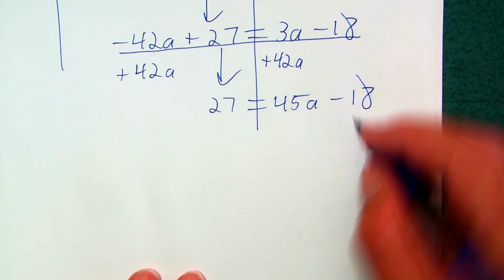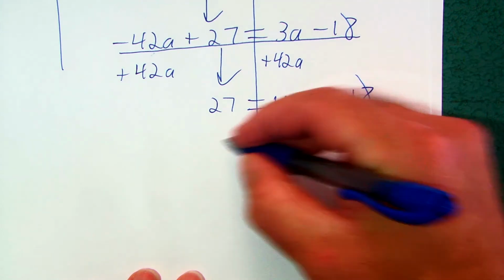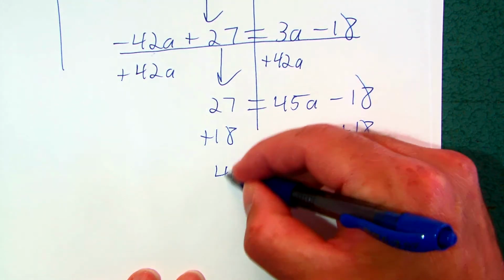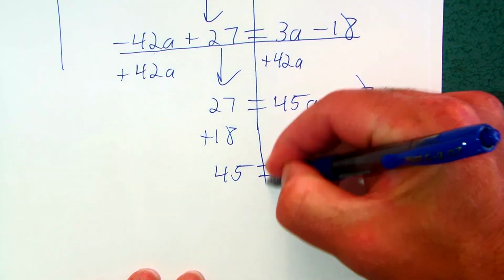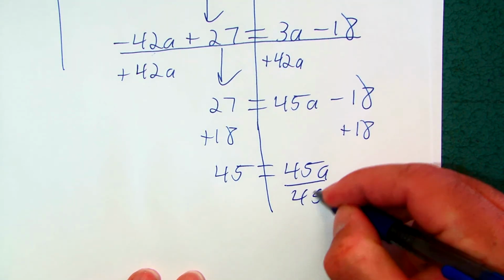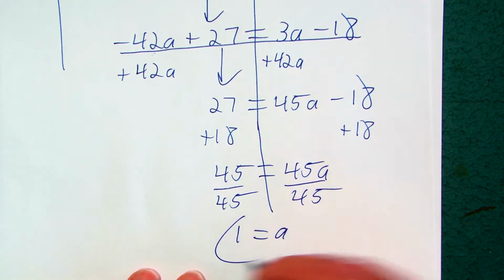So I have 27 equals 45a minus 18, so plus 18. And divide both sides by 45. So a equals 1.